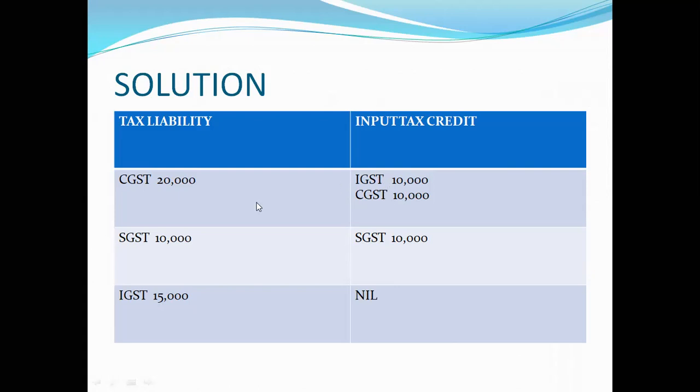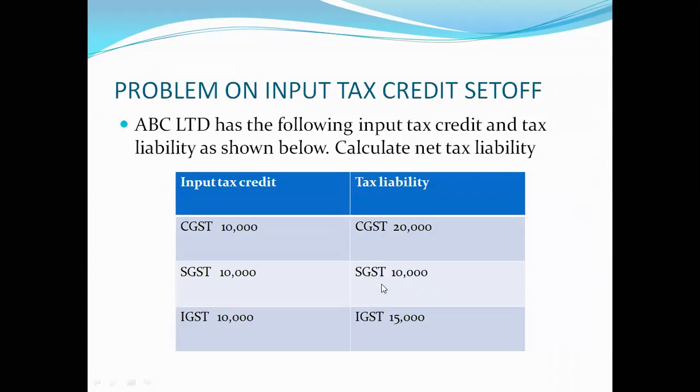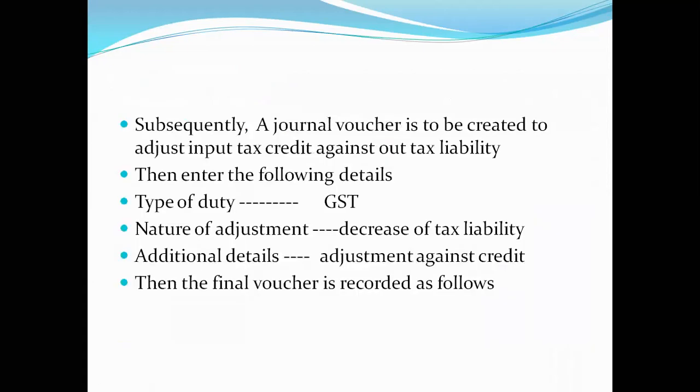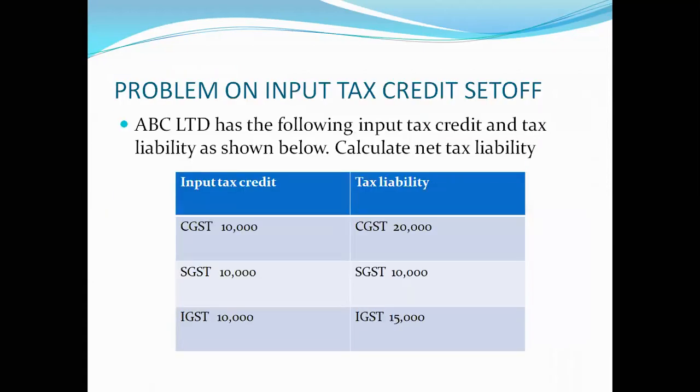Then for payment of state tax liability 10,000, you can use the state tax input tax credit. And the balance left is IGST 15,000, nil. Okay. Now I'll explain to you on the board.